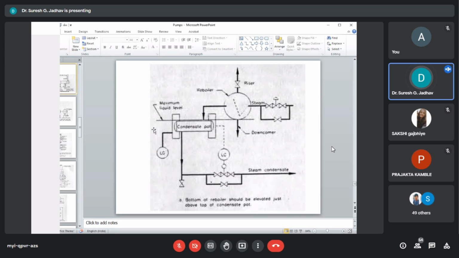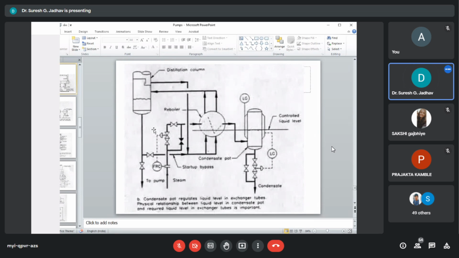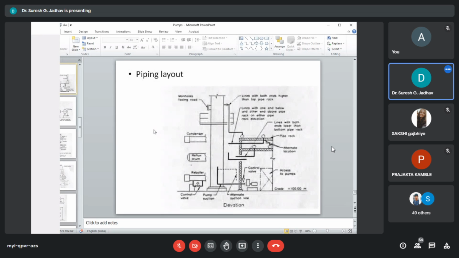So here we'll see the different arrangements. Here the condensate pot regulates the liquid level in the exchanger tubes, and the physical relation between the liquid level in the condensate pot and the required liquid level in the exchanger tubes is important.